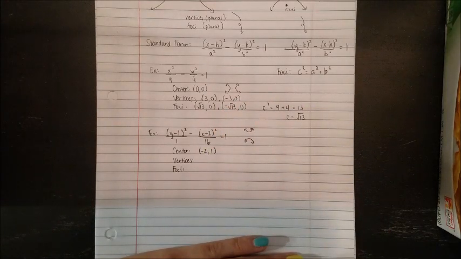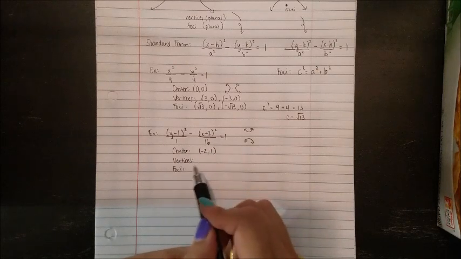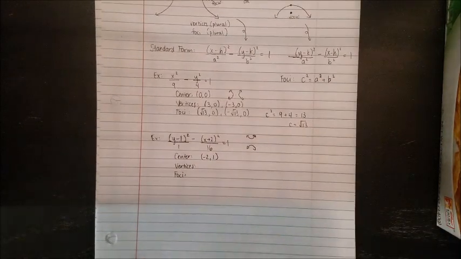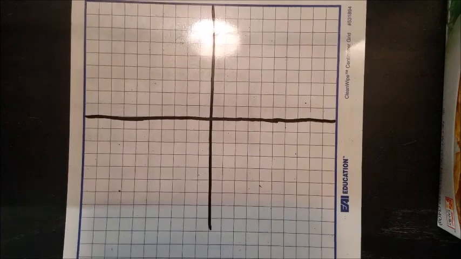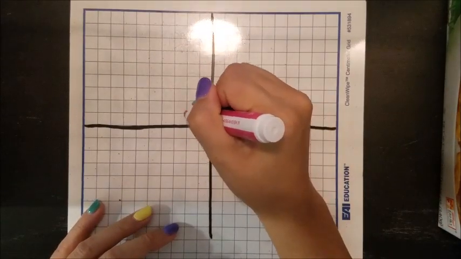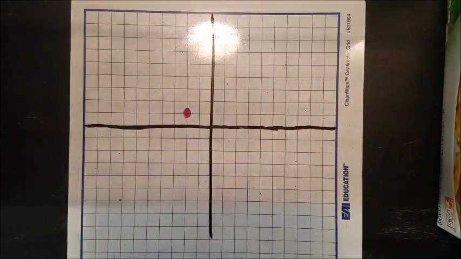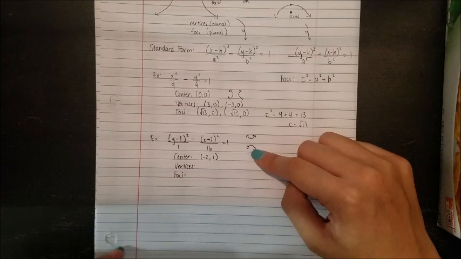Okay, since I know where the center is, I'm going to start graphing this so I can figure out where my vertices and foci are. We said we had a center at negative 2, comma 1, which is right here. Since our vertices are going to be up and down, we want to know how far we're moving up and how far down.